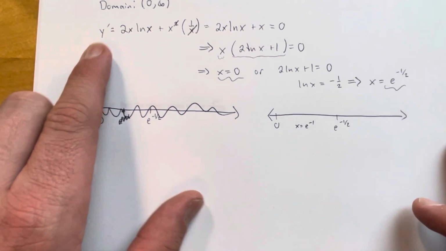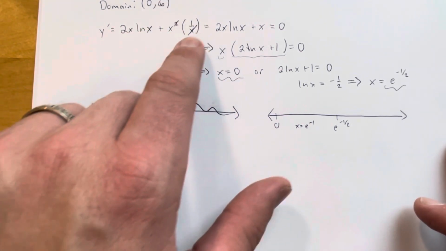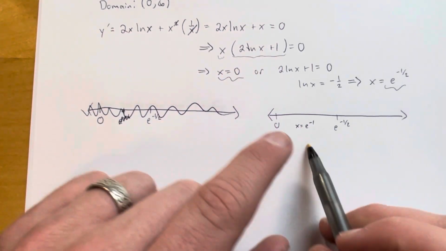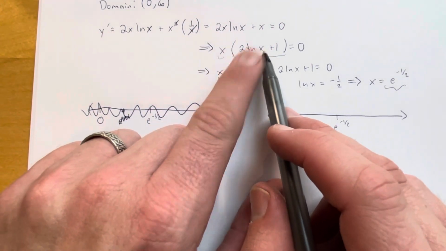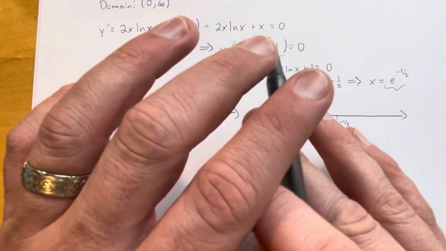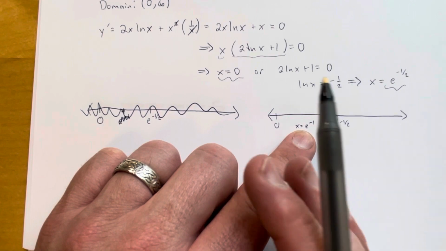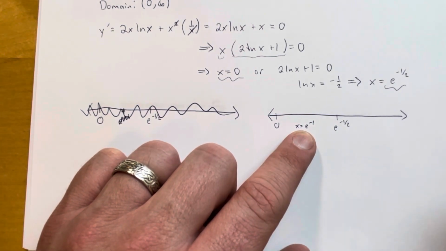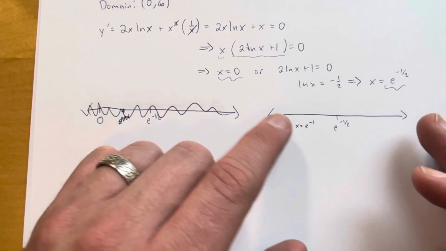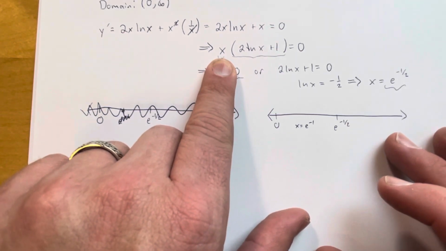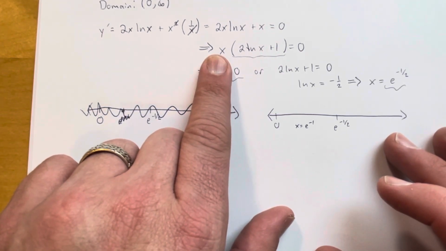But my derivative I've given in several different forms because I simplified and factored things. So I'm going to come all the way up here and plug it in right here, and I'm just going to talk through what happens. E to the negative 1, just like e to any power at all, is a positive number. So here, when I plug e to the negative 1 in for this x right there, it's positive.